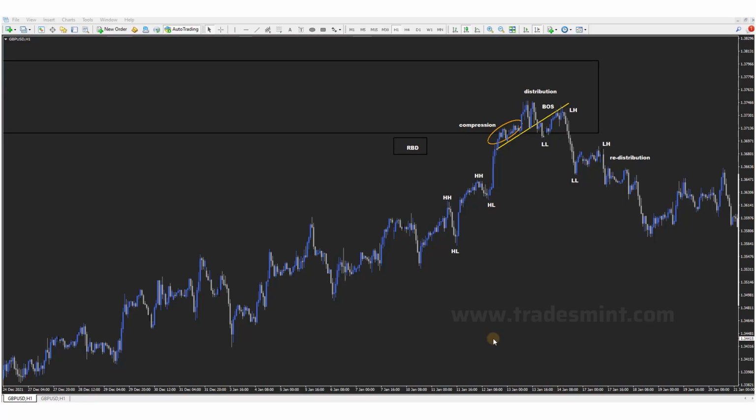It is about marking and knowing what is the higher high and higher low in the bullish market. As here, yes, this is a very clean move to the main supply. So we have higher highs, higher lows, higher high, higher low, and in this case, price came to the supply as a compression move with the last strong push to the up, and then we had a break of structure to change the structure.